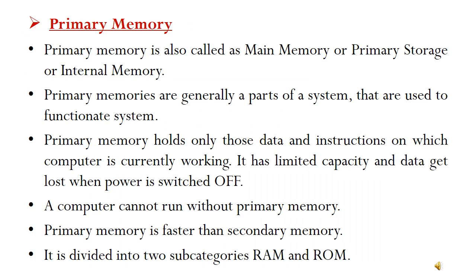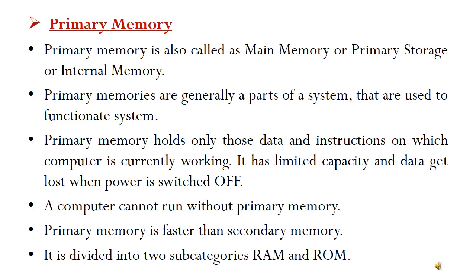Primary memory. Primary memory is also called main memory or primary storage or internal memory. Primary memories are generally a part of a computer system that are used to function the system. Primary memory holds only those data and instructions on which the computer is currently working.